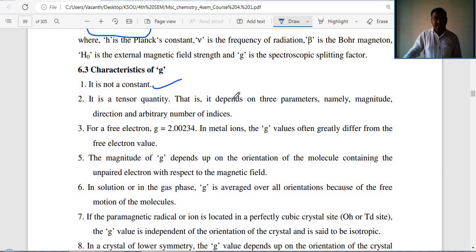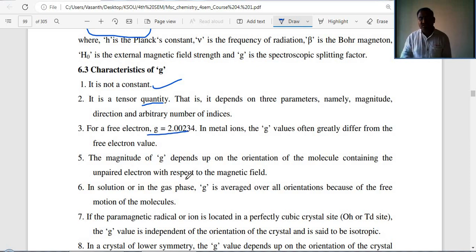This g is not a constant. It is a tensor quantity. It depends on 3 parameters, namely magnitude, directions, and an arbitrary number of indices.